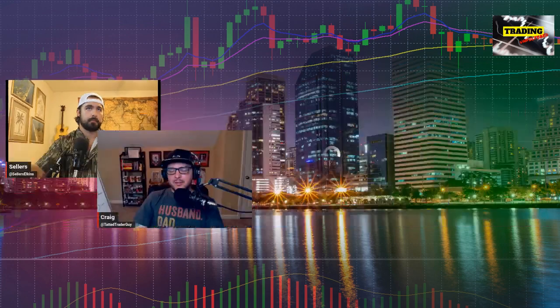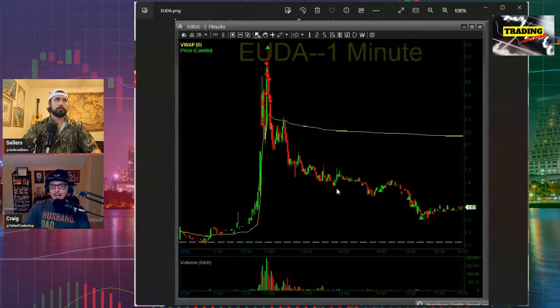We don't want a grind. We want literally straight up, straight back down. We're not waiting on a grind to get there. And that's why we need Trade Ideas. Because look, this move happened. This thing went from a buck 50 to almost a 100% move within almost 10, 15 minutes.